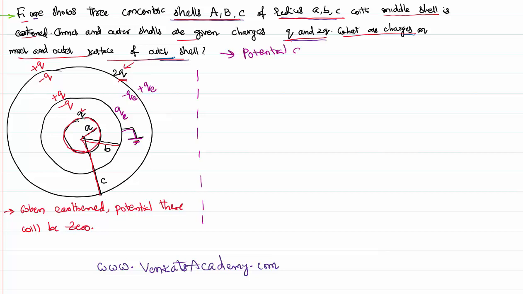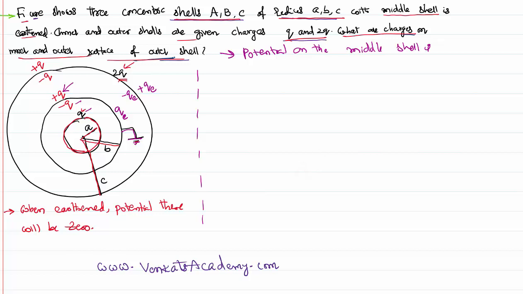The potential on the middle shell is due to this charge Q, because inside, the minus Q and plus Q of these induced charges cancel each other. Therefore there is no net charge theoretically inside the shell. It is always on the outer surface of the second shell.